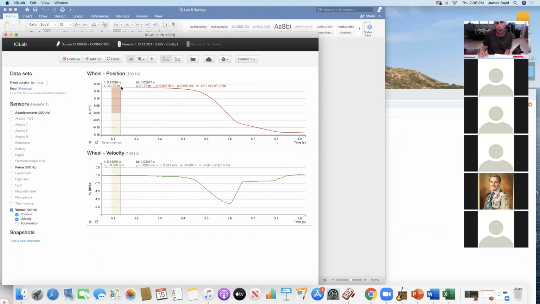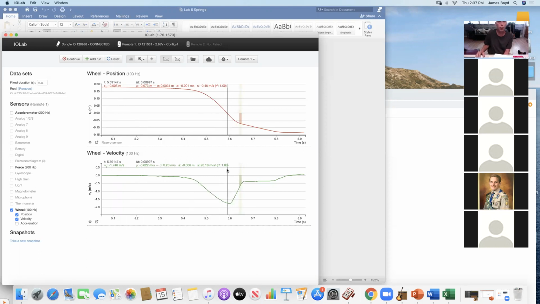Highlight your data, and then you can look at this and see where your wheel position was by looking at your mu. So here, I can figure out what my wheel position was.